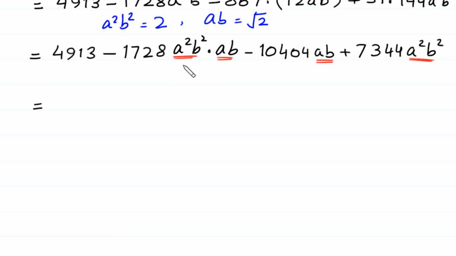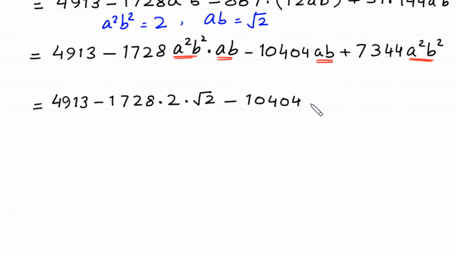So this expression becomes 4913 minus 1728 times value of a square b square, 2, times value of ab, square root of 2, minus 10404 times value of ab, square root of 2, plus 7344 times value of a square b square, 2, times 2.